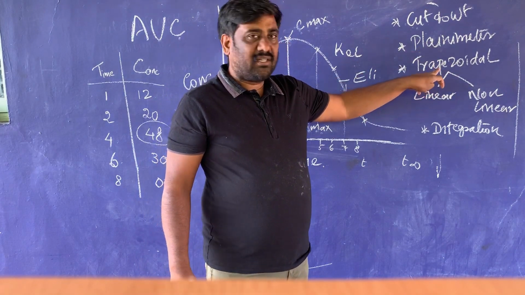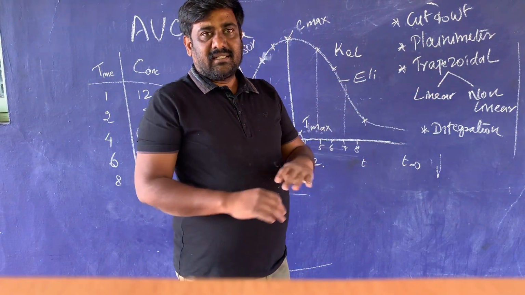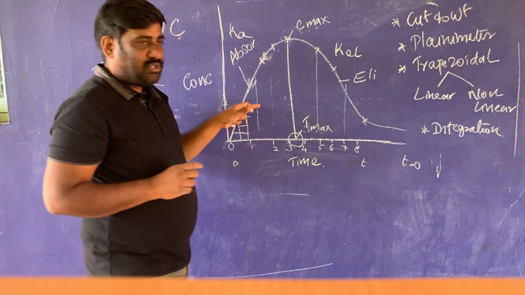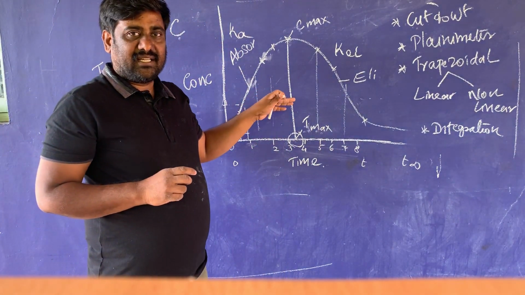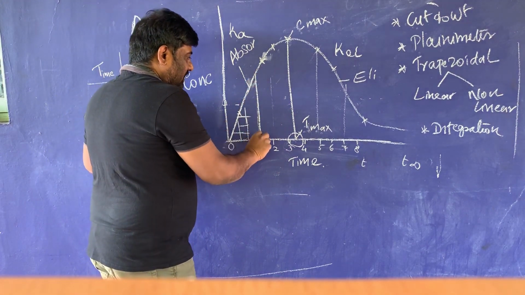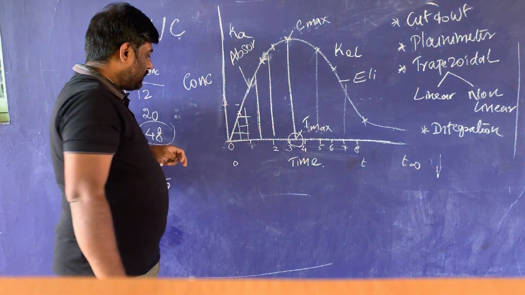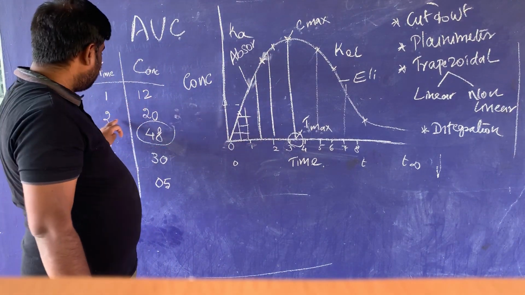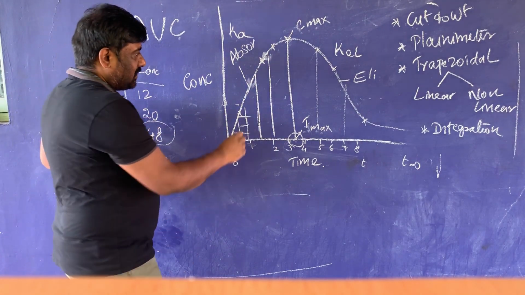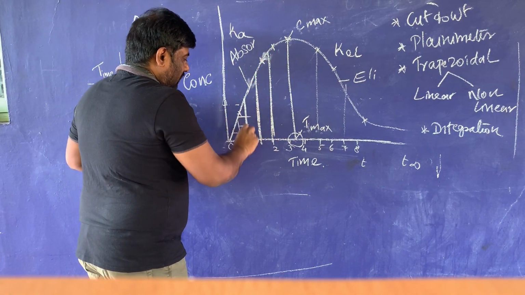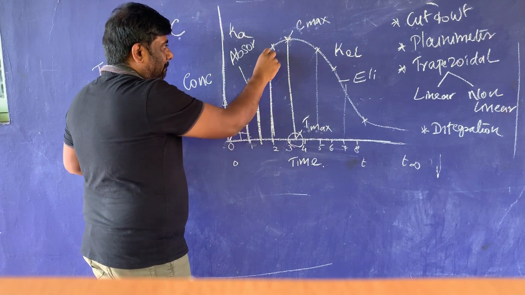This trapezoidal rule is nothing but a calculative method. By using formula we can check the exact area under curve. So how to do that? So there are different segments. For example, just imagine at 1 hour the concentration is 12 mg, at 2 hour it is 20 mg. So just check this is from 1 to 2 hour.